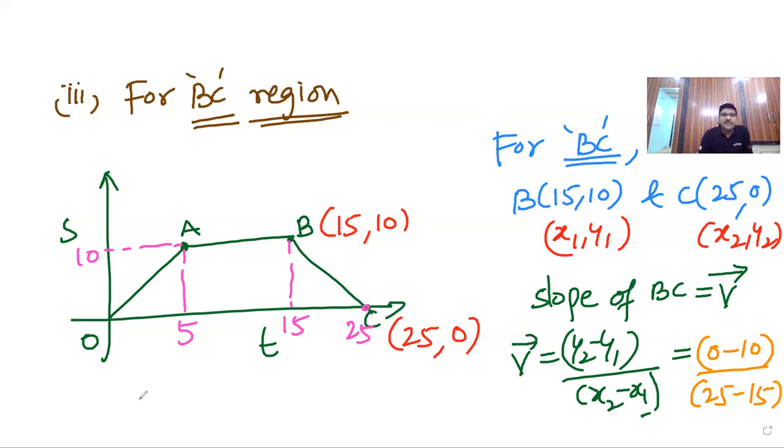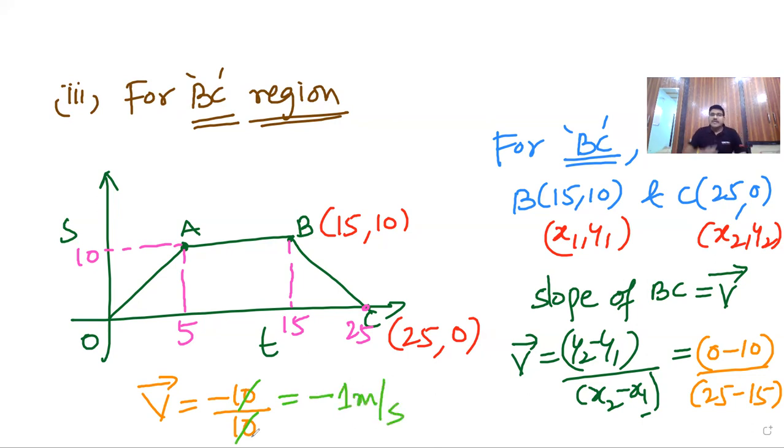On simplification, 0 minus 10 by 25 minus 15, that is 10. On simplification, this becomes minus 1 meter per second.